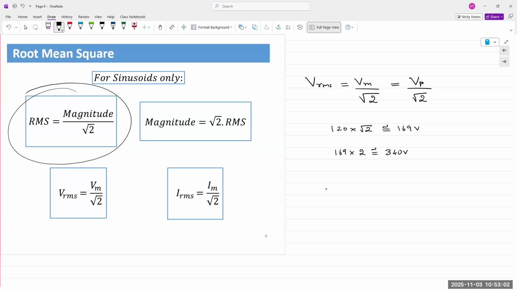If you measure any quantity using a multimeter, that is always RMS. So a multimeter or any kind of meter will always measure in RMS. If you wish to observe the waveforms, we use an oscilloscope. So all the lab meters that we have on the lab benches behind us, or if you're taking lab 251 and you've ever used a multimeter in there to measure voltage or current, that measurement is always in RMS.